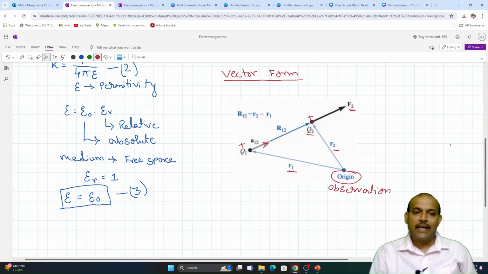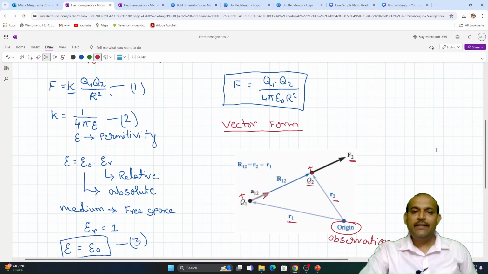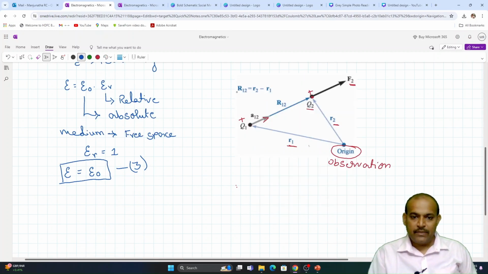So I will modify the force equation. The force equation was F is equal to q1 into q2 by 4 pi epsilon r square. I will rewrite that expression: F is equal to the product of two charges q1 into q2 divided by 4 pi epsilon naught, because I assumed free space, into r square.